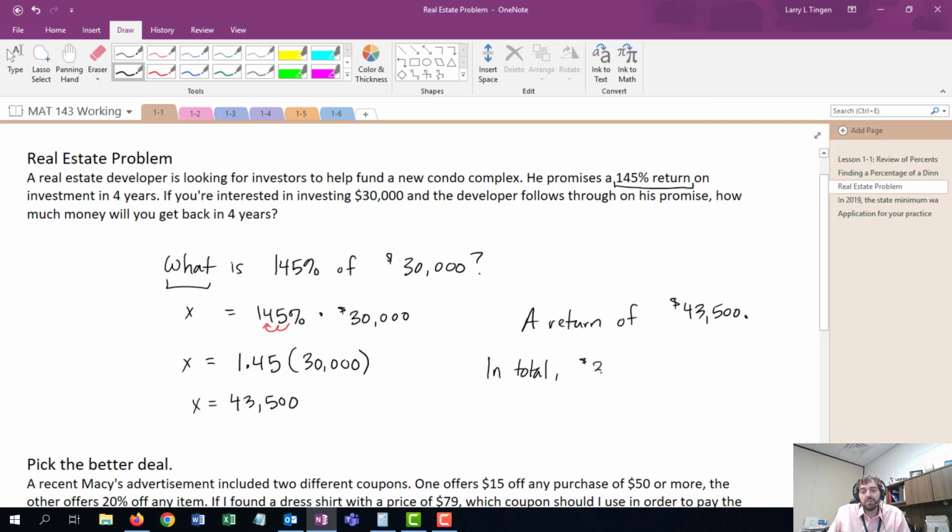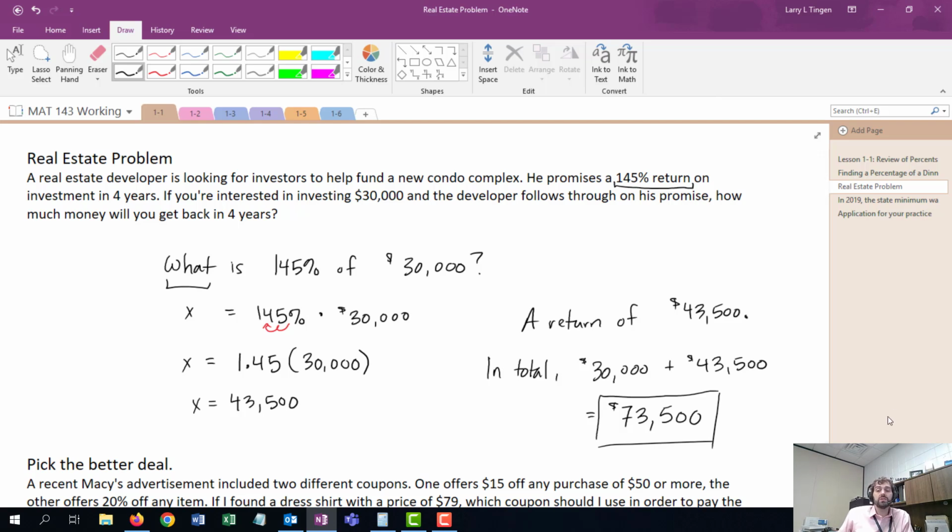You're going to have the 30,000 you originally invested plus the return on the money, which is the 43,500 that you got. So that means at the end of this 4-year cycle, you will now have $73,500, because you have the original 30,000 you invested plus the 43,500 that you earned on that return.